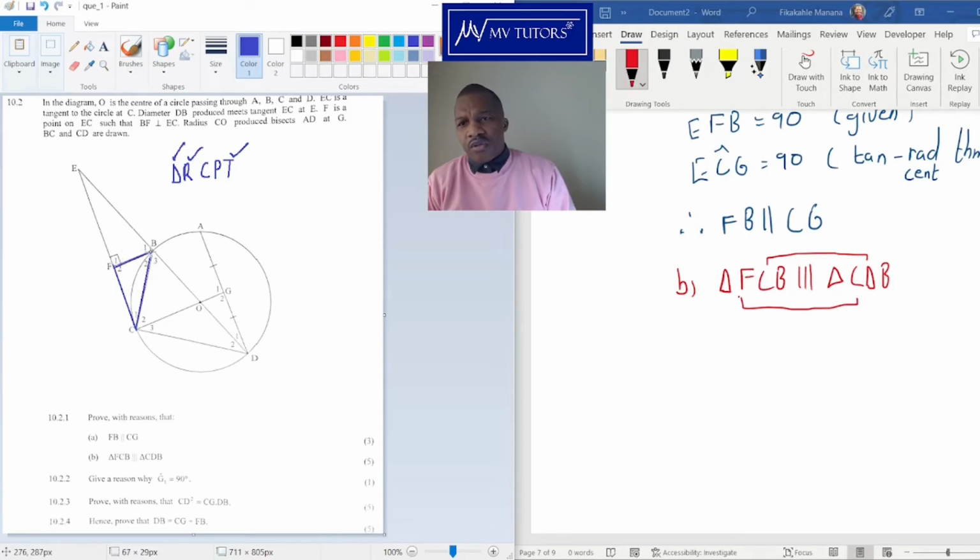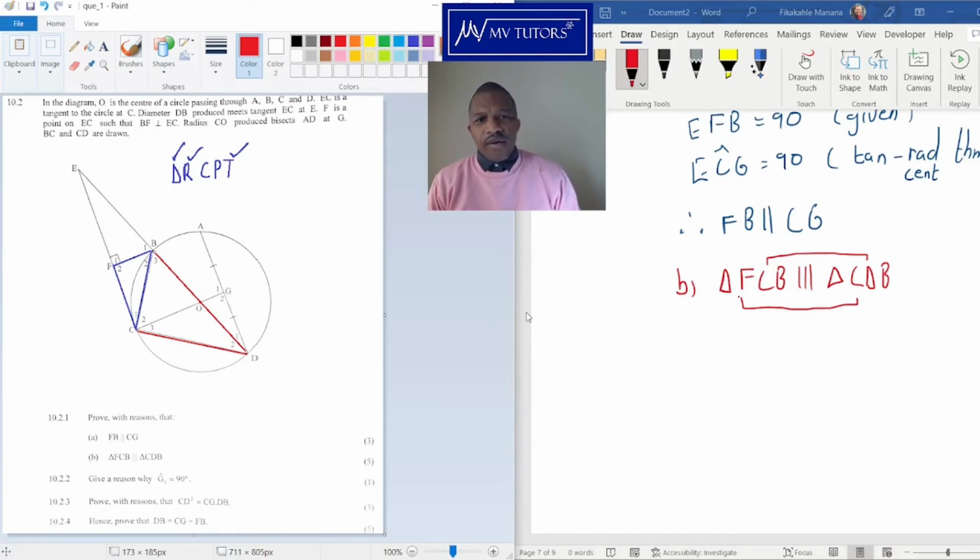Then the other one is CDB, that triangle over there. So it's these two triangles.